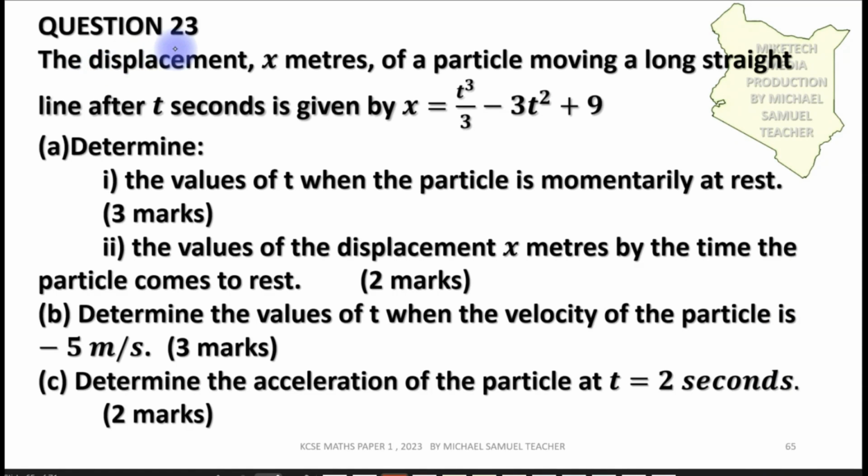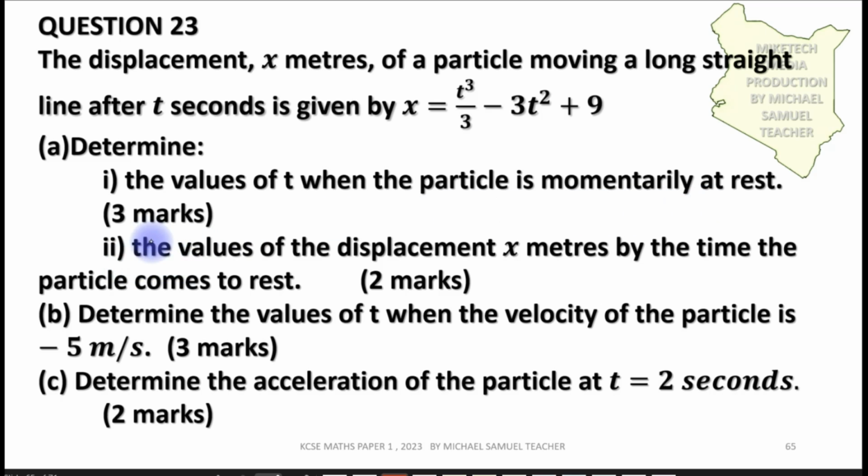Question 23. The displacement x meters of a particle moving along a straight line after t seconds is given by x is equal to t raised to 3 over 3 minus 3t squared plus 9. Part A: determine, Roman 1, the values of t when the particle is momentarily at rest.